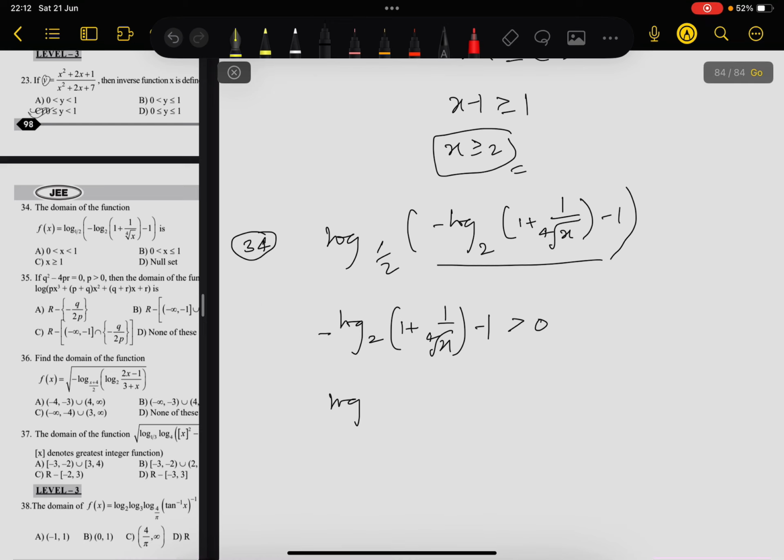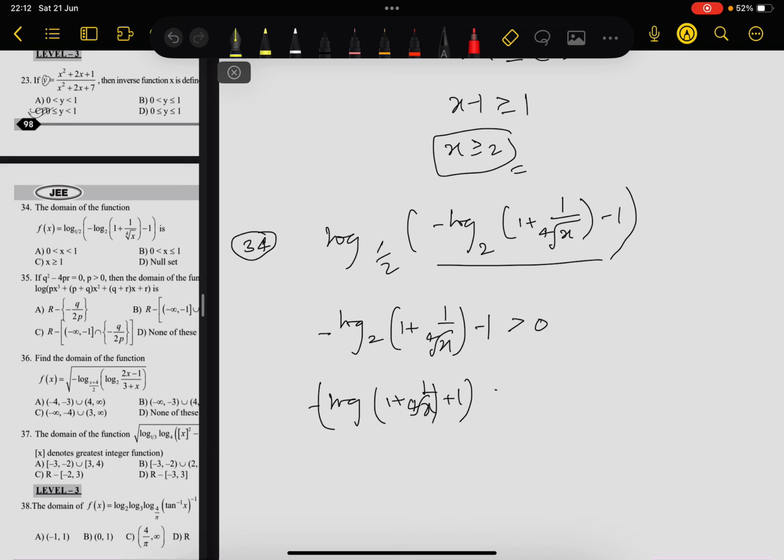So log of 1 plus 1 upon x raised to 4, right, minus, also you can take minus common and send it towards the right side. So if I take minus common, this will become positive, plus x less than 0, it was greater than 0.